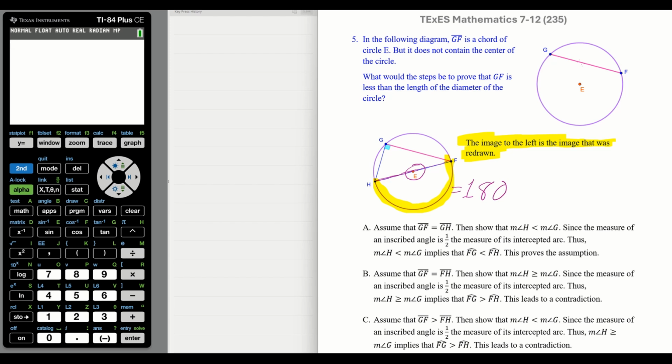If this equals 180, then the created opposite angle that I've colored in right here has to be 90 degrees. That's just something we already know and we've built it.